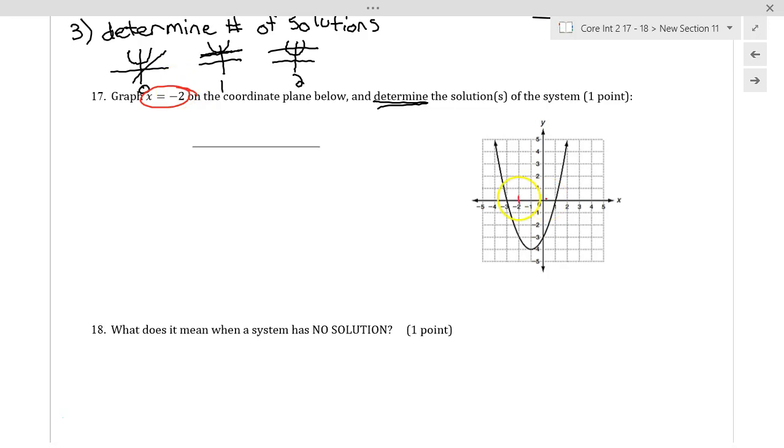I'm going to graph that line going straight up and straight down. So it crosses through right here. That point is left 2, down 3. Okay? -2, -3 is where that crosses. There's only that one solution.